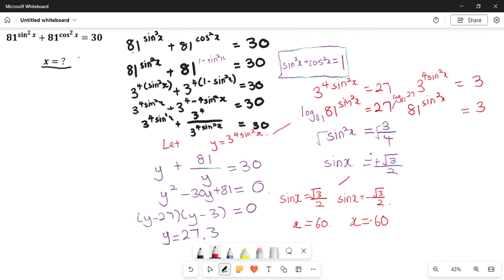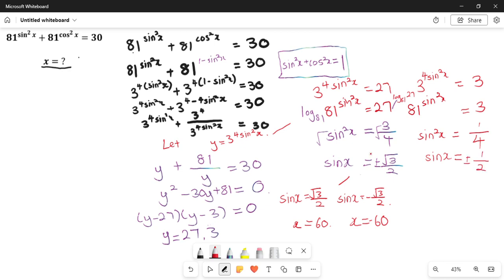For your other two answers, I can also take the log of both sides. You will know that sine square x equals log base 81 of 3, which is 1/4. I take the square root, and you will know that sine x equals plus minus 1/2.